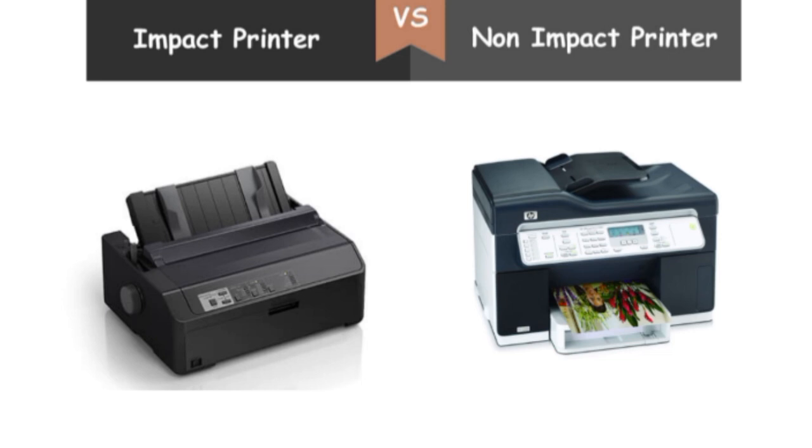Impact printer uses either ribbon or carbon paper, whereas non-impact printer uses ink cartridges. Impact printer makes noise while printing, and non-impact printer works smoothly on the paper.